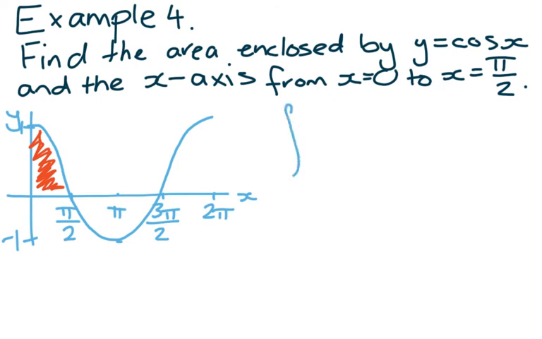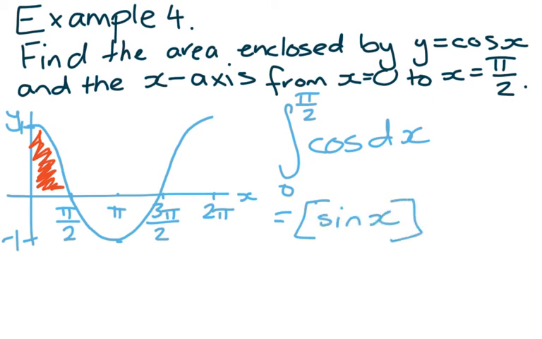So what we're going to be doing is the integral between pi on 2 and 0 of cos x dx. So the first thing is recognizing that the integral of cosine of x is sine of x. So we have sine of x in square brackets, and we've got pi on 2 and 0, and then we just sub it in. So we'd get sine of pi on 2, take away sine of 0.